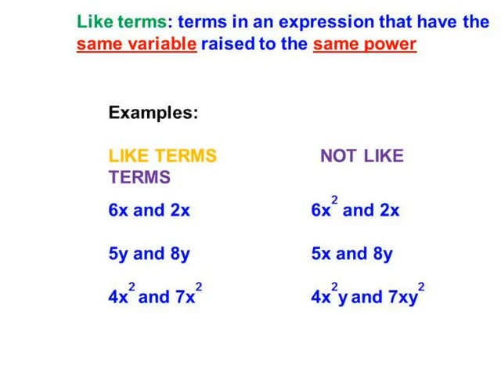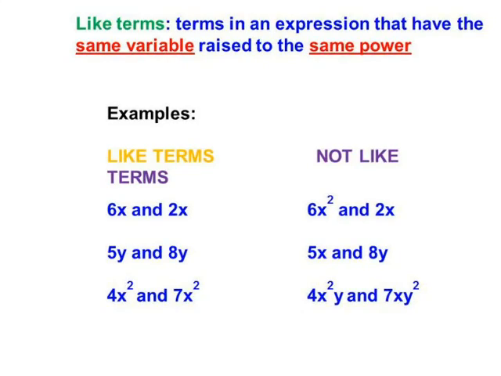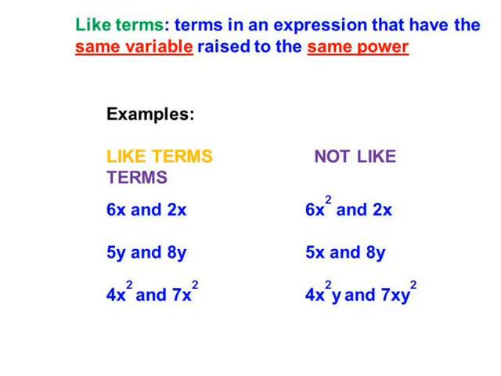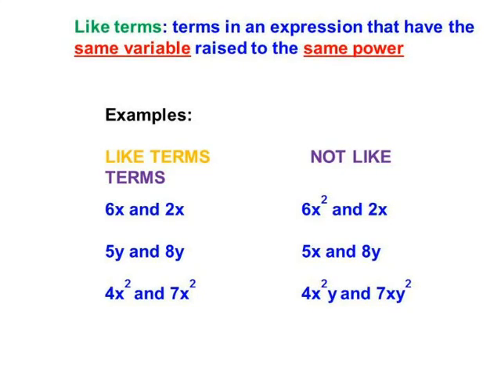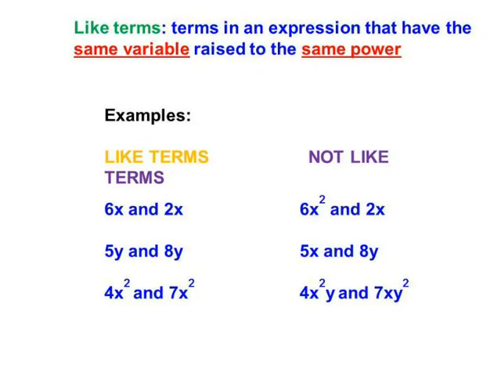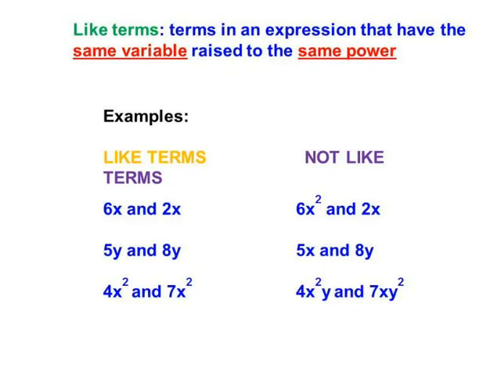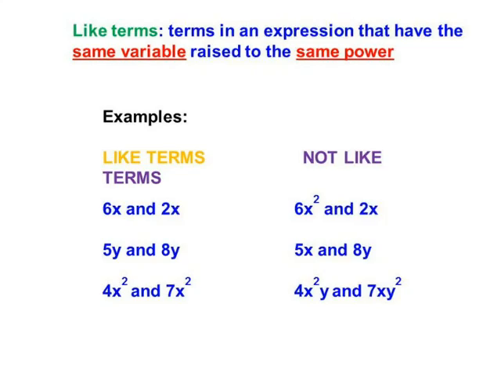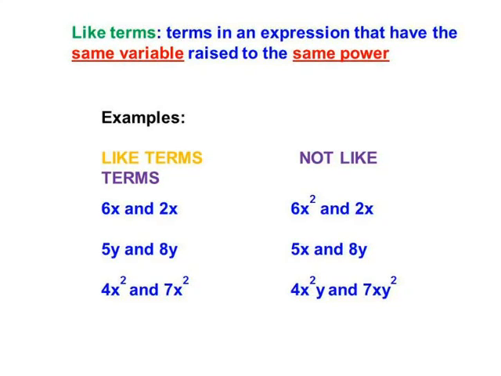And lastly, 4x squared y and 7x squared y squared are not alike because, as you can see, x is squared on the left side, whereas x is not squared on the right side. And y is not squared on the left side, but it's squared on the right side. So it's considered not alike.